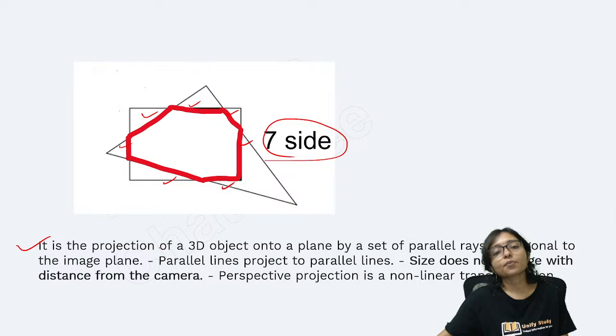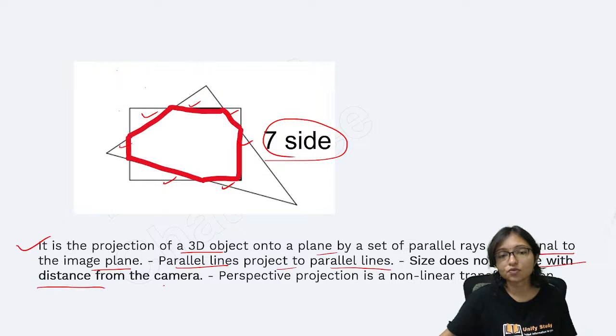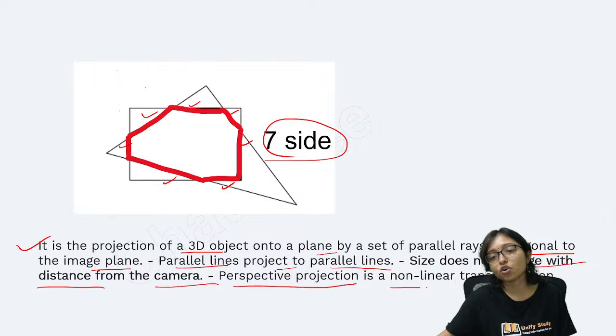It is the projection of a 3D object onto the image plane. Whenever you are doing parallel orthogonal projection, parallel lines project to parallel lines and size does not change with the distance from the camera. So perspective projection is a non-linear transformation.